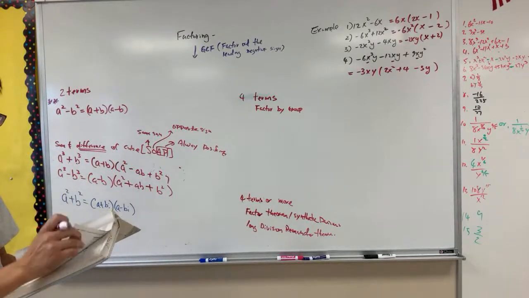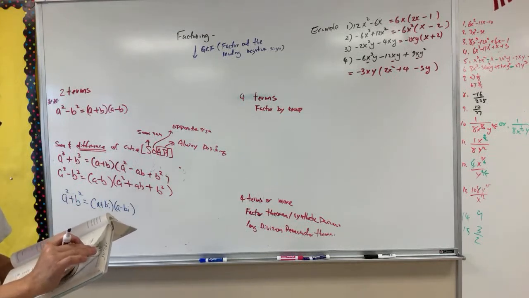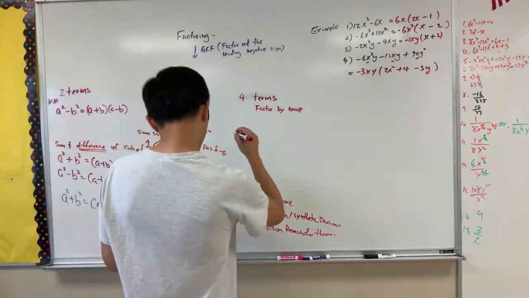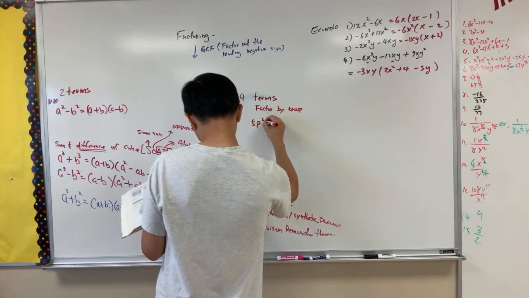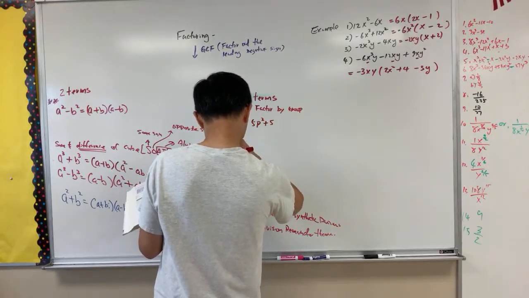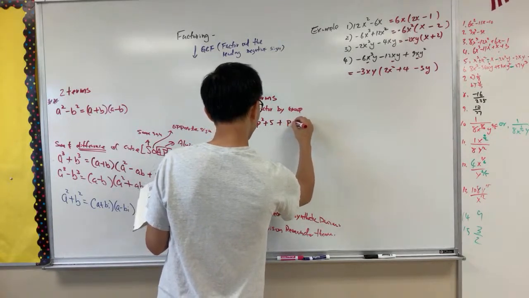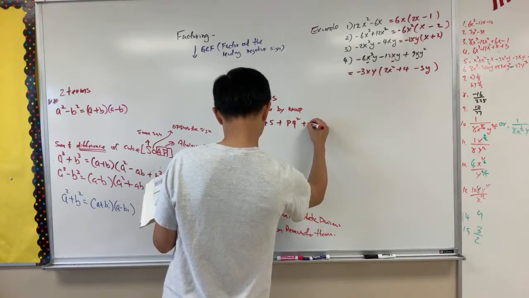So what do I mean by factor by grouping? They have a question like this. Factor by grouping. So we're going to talk about this question here. It's 5p squared plus 5 plus pq squared plus p plus q, sorry.